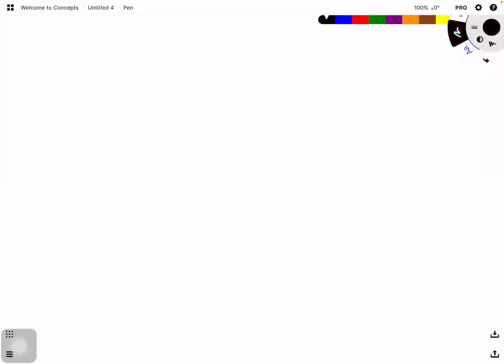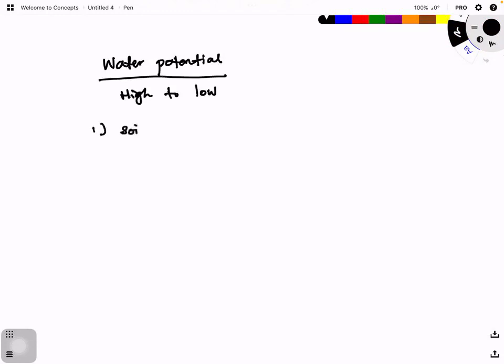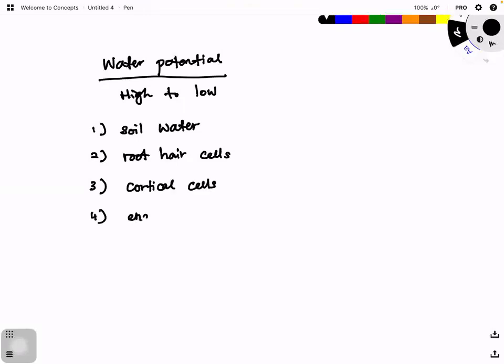So if you look at this water potential, compare high to low. The first one, the highest actually, is soil water. Number 2, followed by the root hair cell. Number 3, the cortical cells. Number 4, endodermis.